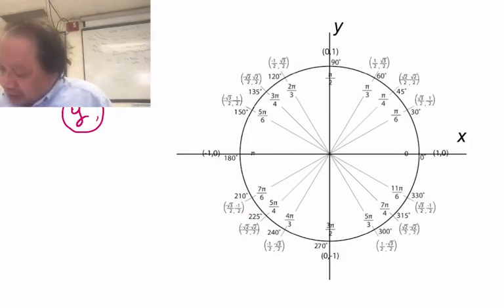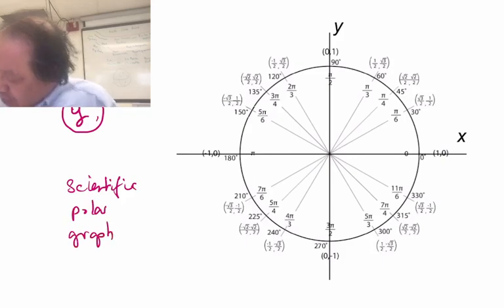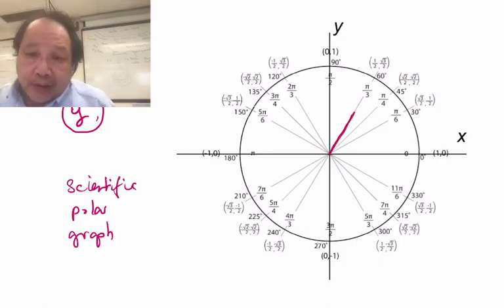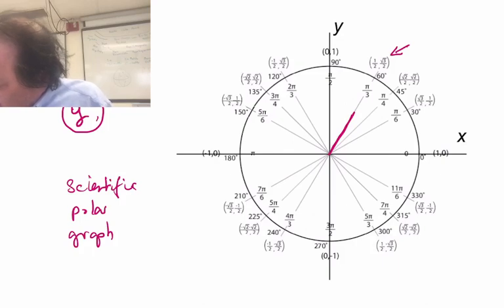And the way you do it in a scientific polar graph is you choose an angle. For example, we've chosen the angle 60 degrees. That's in the 60-degree direction. And we discovered for the y function, the Cartesian coordinate is (1/2, √3/2), where the first number, 1/2, is the x value, and the second number is the y value.